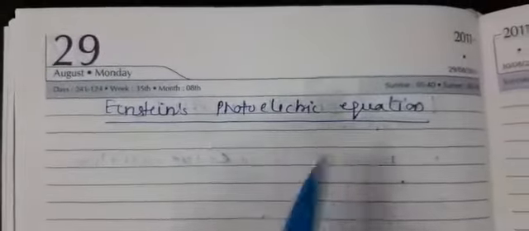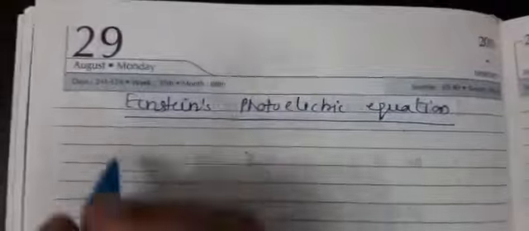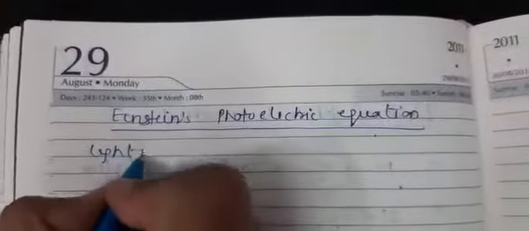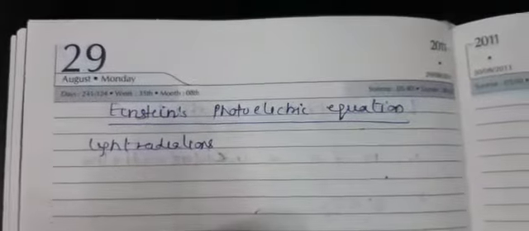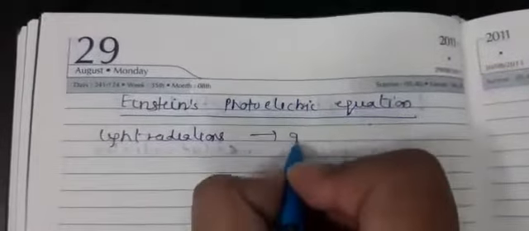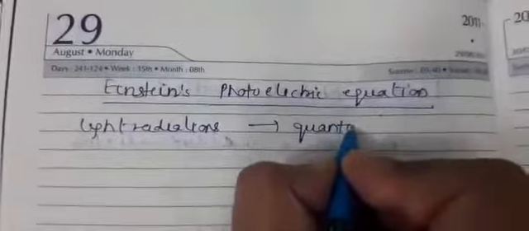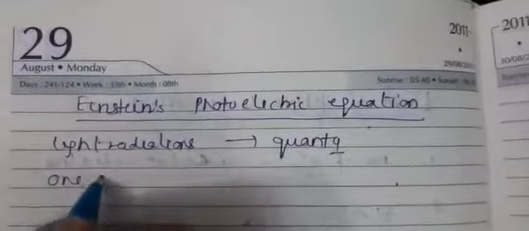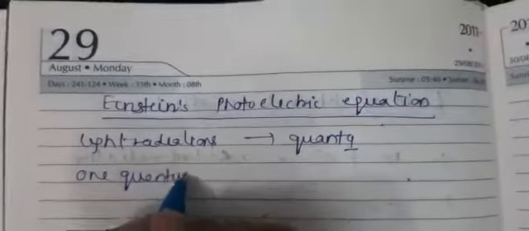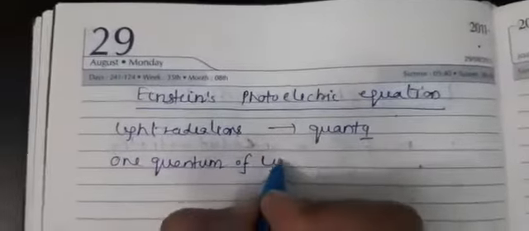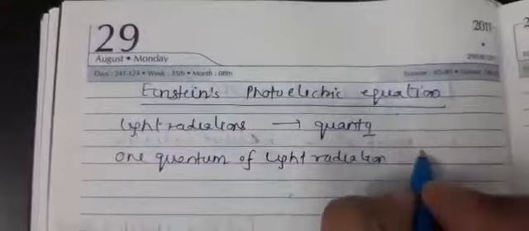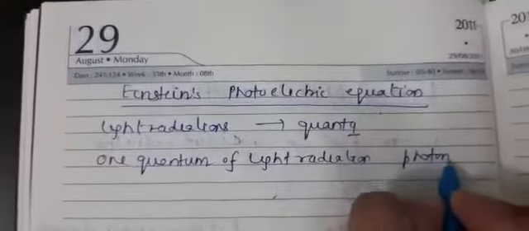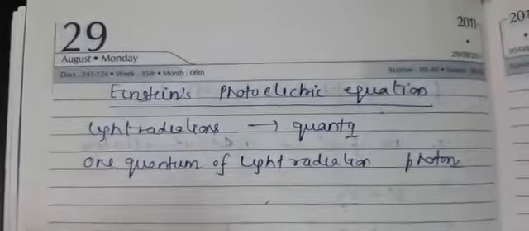As per Planck's quantum theory, light radiations consist of small packets of energy. Those packets are known as quanta, and one such quantum of light radiation is called a photon, which travels with the speed of light.